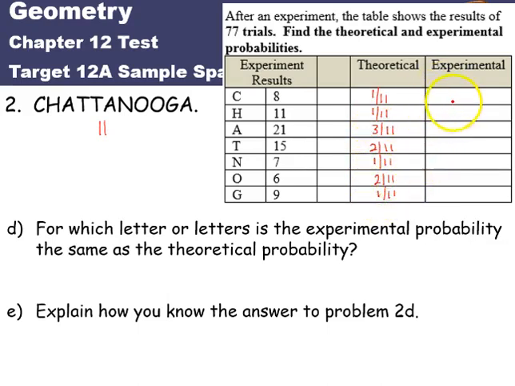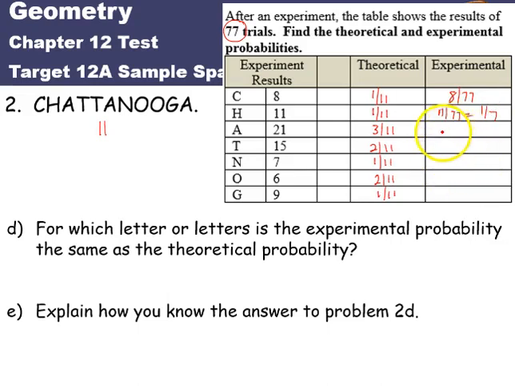Okay, now to find the experimental probability, we look at this. So they did this experiment 77 times, and they drew a C 8 times, so the experimental probability is 8 out of 77. And we need to see if that can be reduced, and it can't, so I'm going to leave that be. Okay, they rolled an H 11 out of 77 times, which is 1/7.